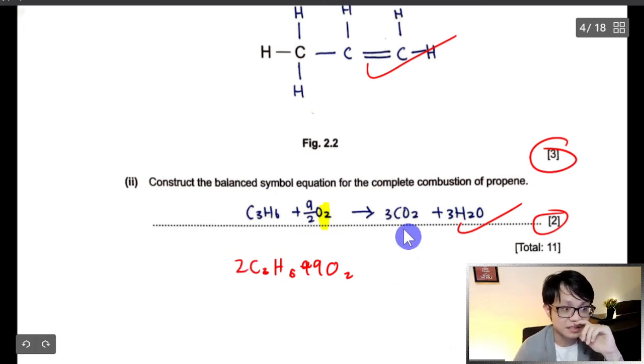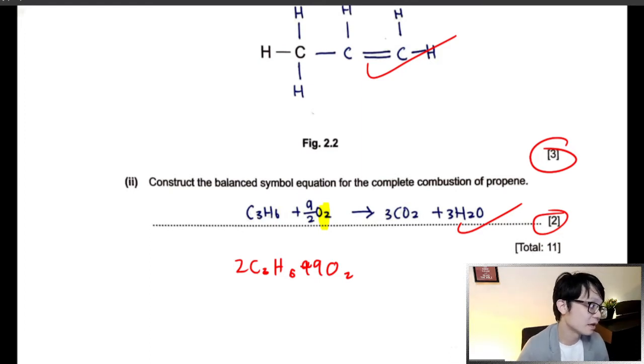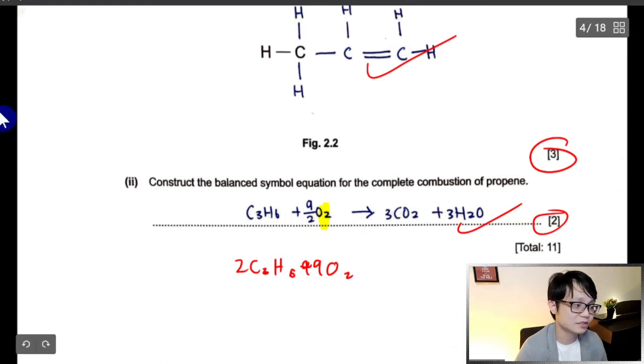I think the student started from drawing 3 here, then balanced the oxygen back, which will be 4.5, so the student wrote 9/2. But in chemistry and combined science or coordinated science, it is better to write the answer in whole numbers.